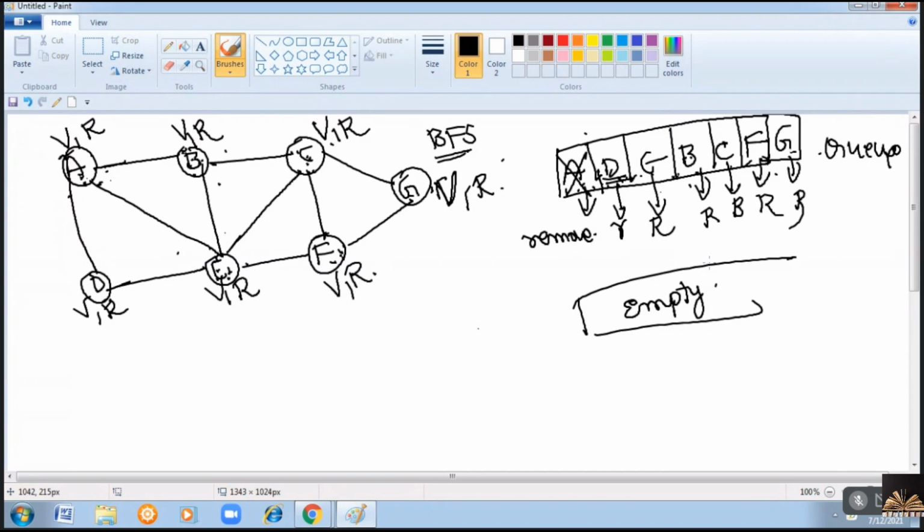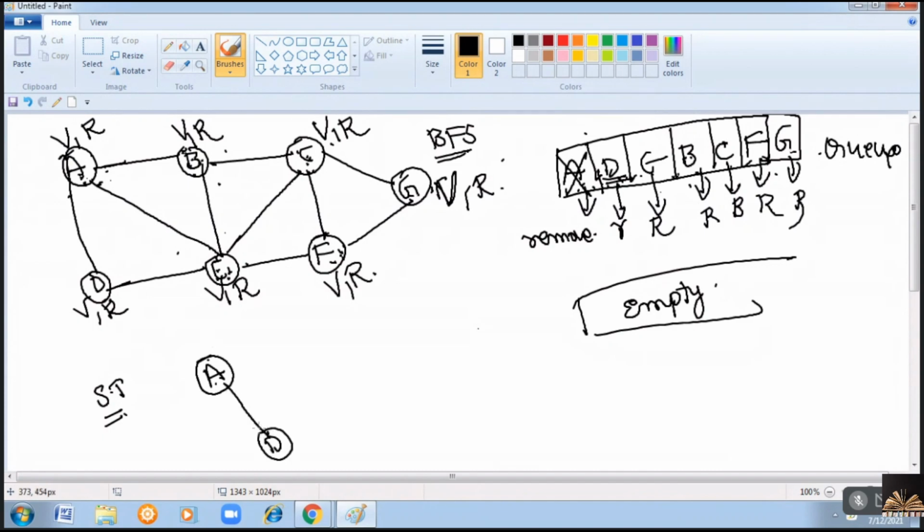And what is the result of the BFS traversal? The result is a spanning tree. And this result is obtained by removing the unused edges. So when you remember this process, first I have visited A. After that, I have visited D. How can I reach D? Using this edge.